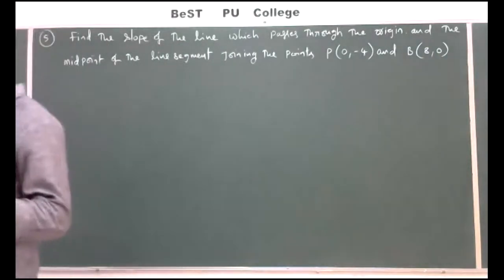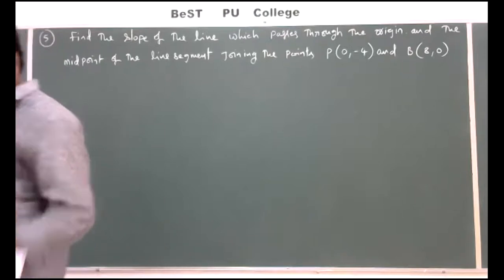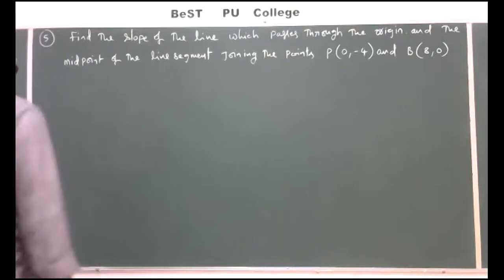Find the slope of the line which passes through the origin and the midpoint of the line segment joining the points. It is a simple problem.